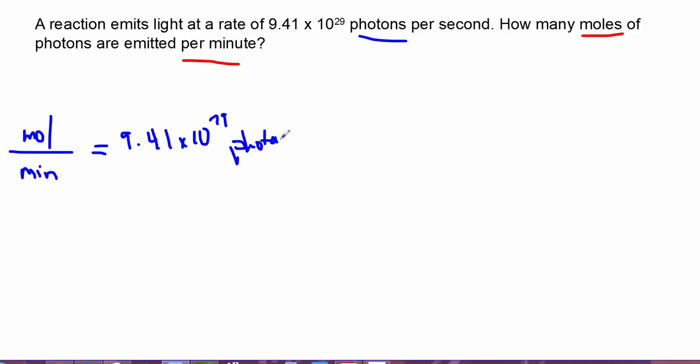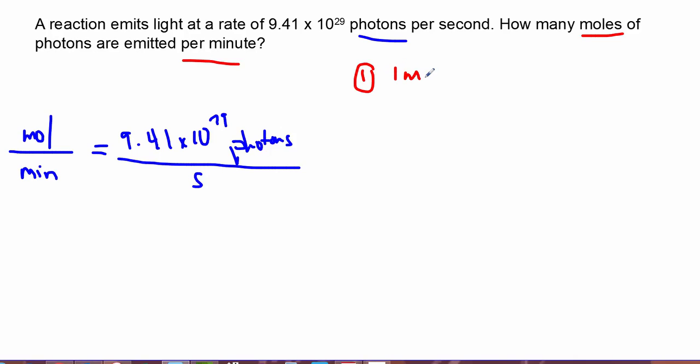The first conversion that we need to make, and really the order here does not matter because we're talking about a rate, so whether we convert our time units first or photons to moles first, it doesn't matter. We just need to choose one. So we'll say that the first thing we'll convert is our photons to moles. The conversion factor we need for that is that 1 mole of anything is equal to 6.02 times 10 to the 23.